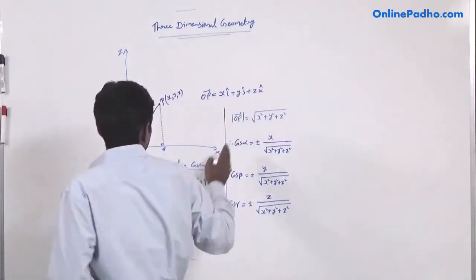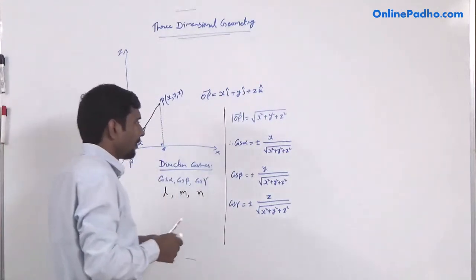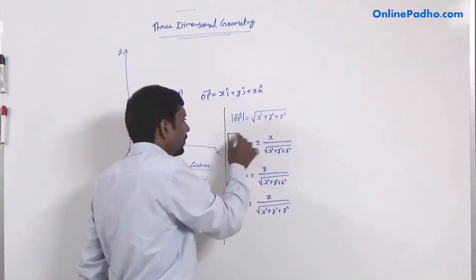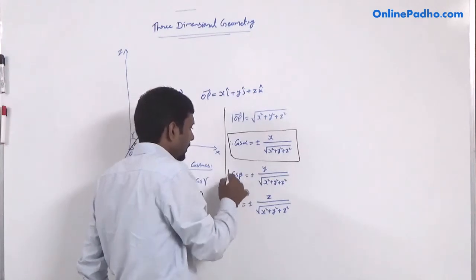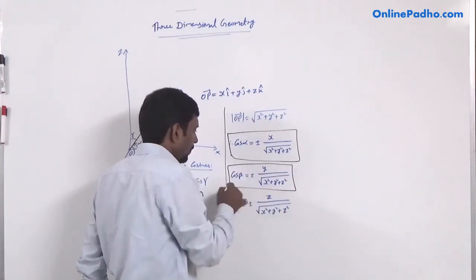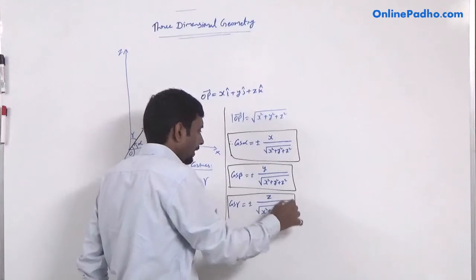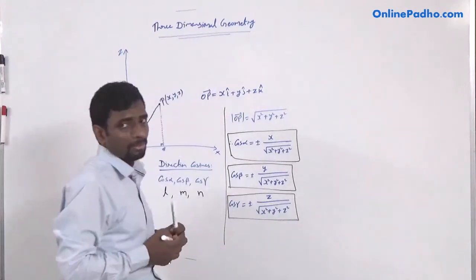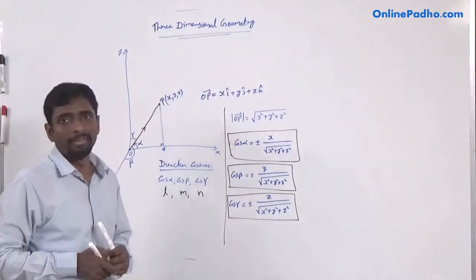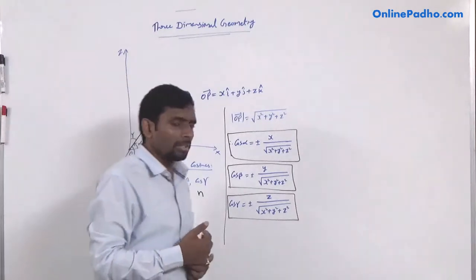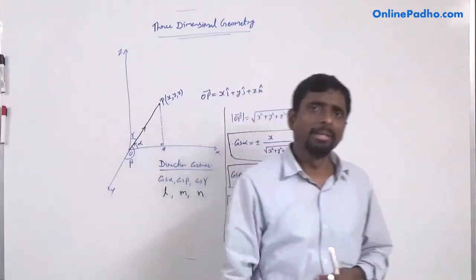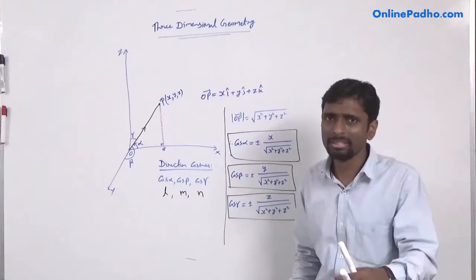So these are called the direction cosines. This is the formula for direction cosine. L is equal to x by the magnitude, m is equal to y by the magnitude, and n is equal to z by the magnitude. Now the very important question: what is the relation between all three direction cosines of a vector?